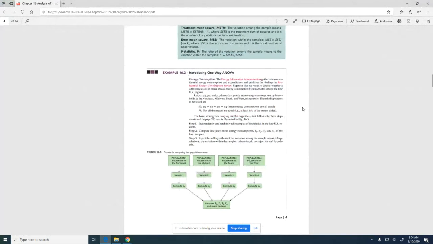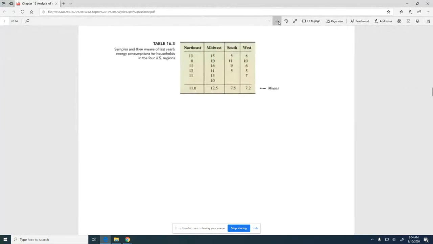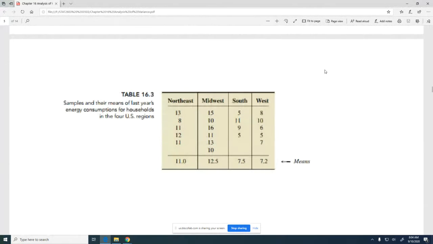And today I want to do this example. In this example, it has the regions: the Northeast, Midwest, South, and West.